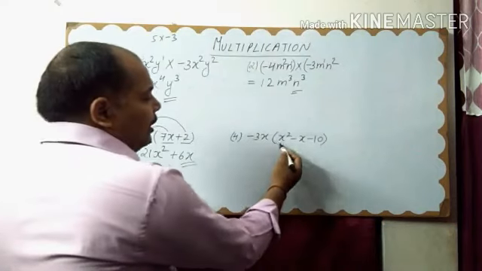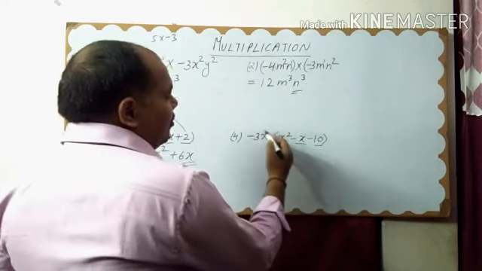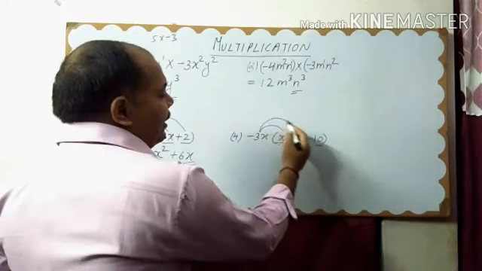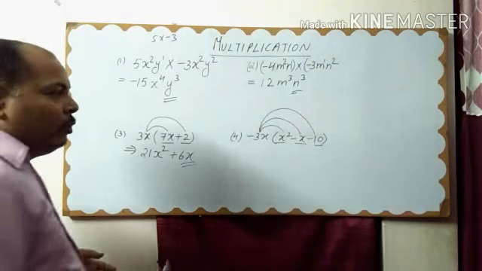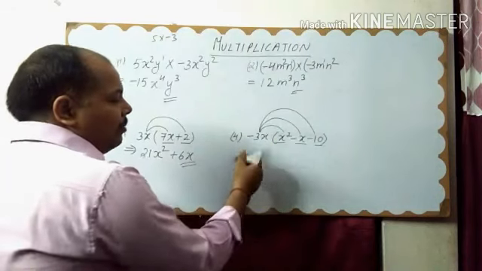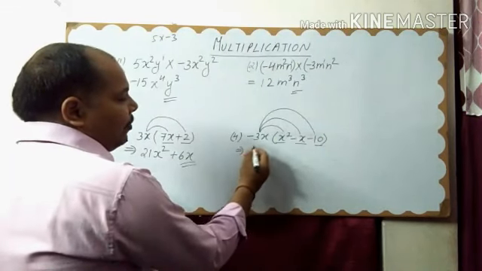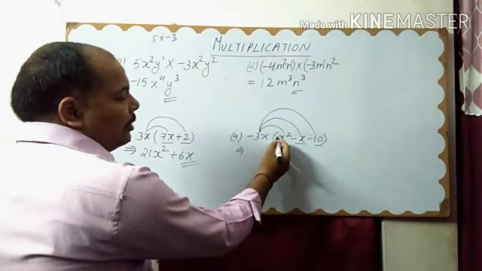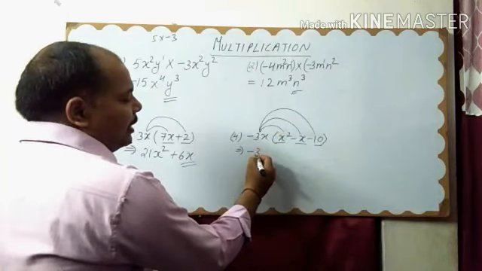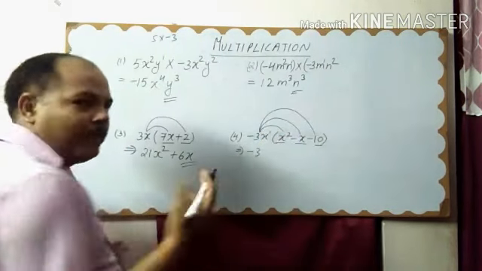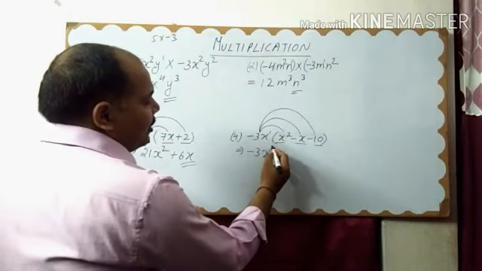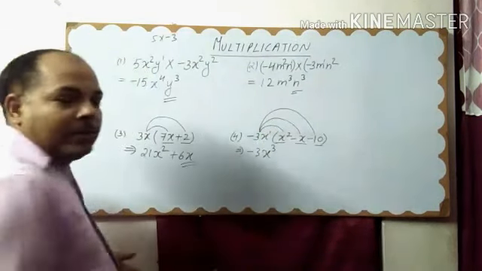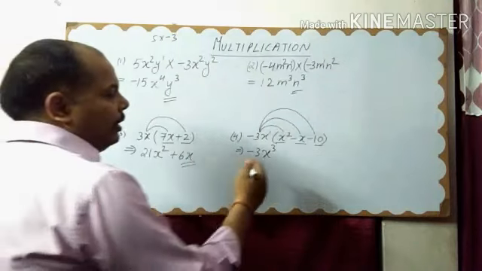Now here in this polynomial 3 terms are there because it is a trinomial. So we will multiply all 3 terms by minus 3x. Clear? So first we multiply x square by minus 3x. So it will be minus 3, x into x square, and here the power of x is 1, so 1 plus 2 is 3, x cube.